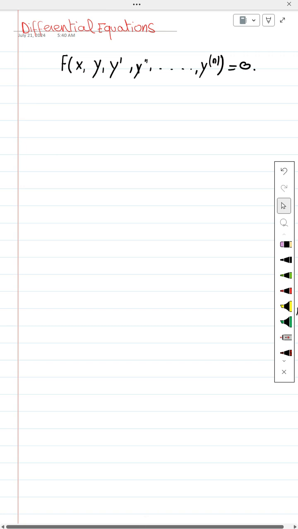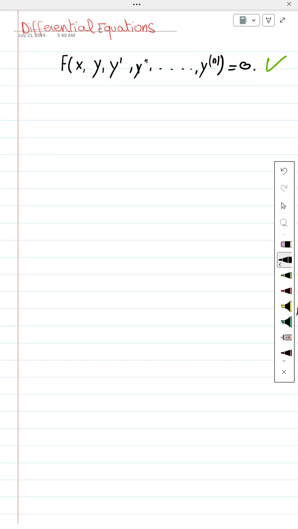This is the notation that we use in a differential equation. Solving a differential equation means finding the function that satisfies this equation. We need to find y that satisfies this equation.